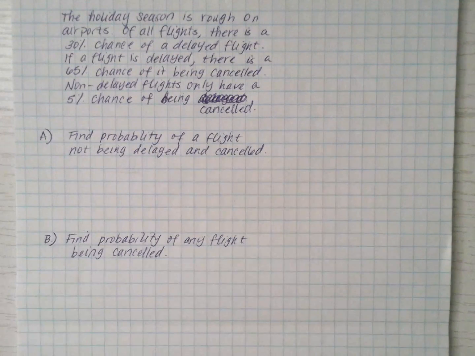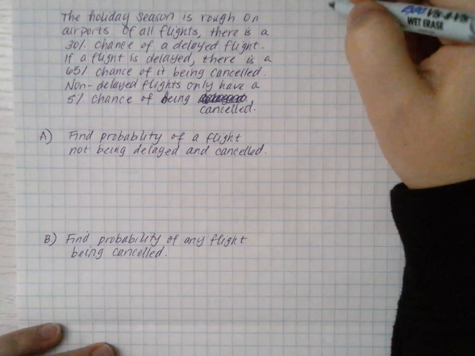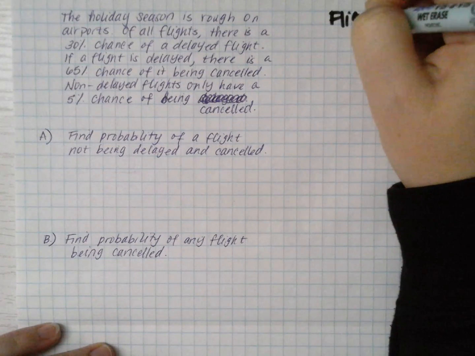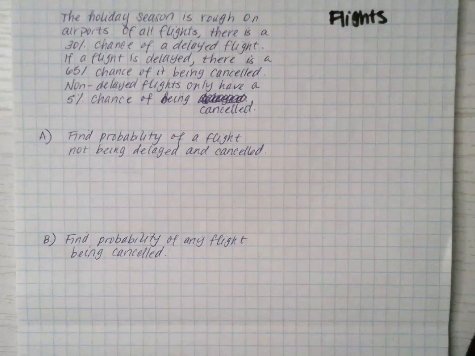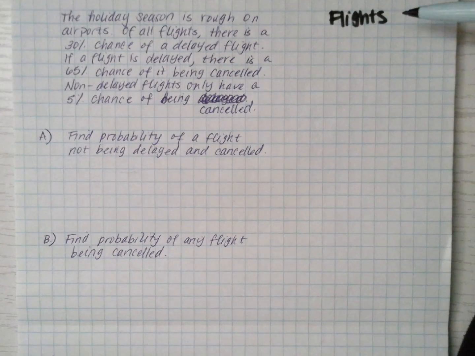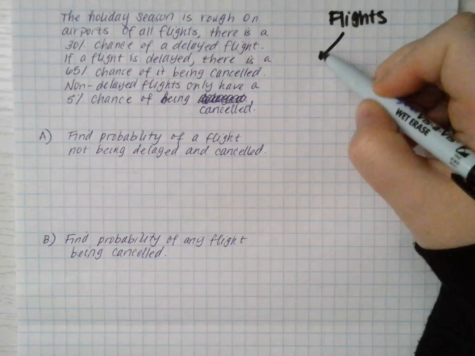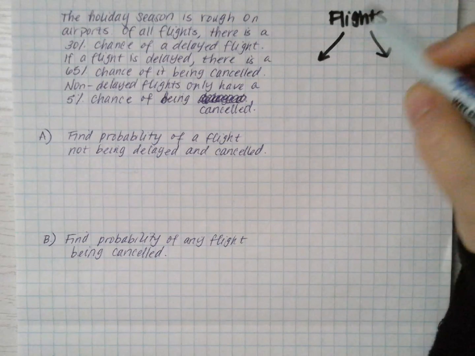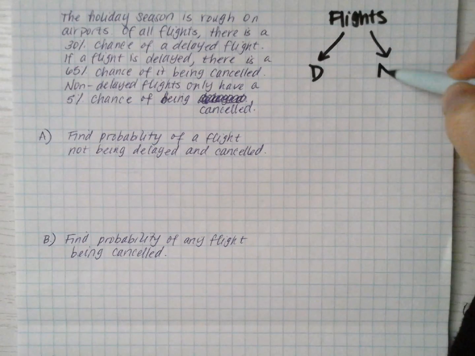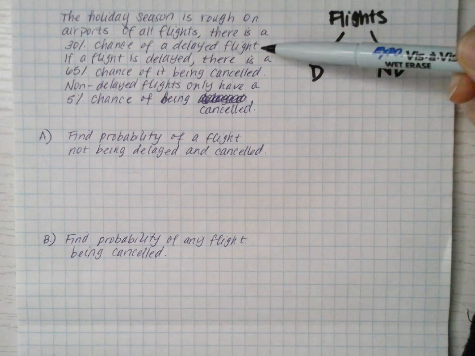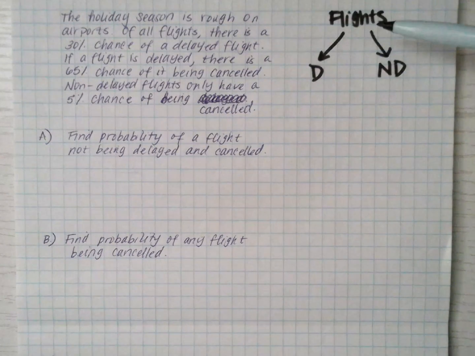So I'm going to focus on the context of the problem, and I'm going to start with flights. And I'm going to consider this all flights. So of all flights, they are either going to be delayed or not delayed, because that is the first thing that they're talking about here for all of the flights.